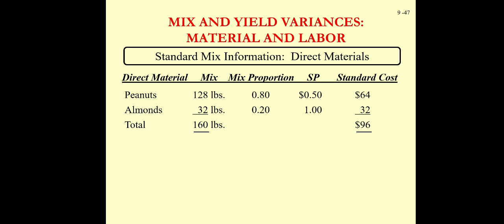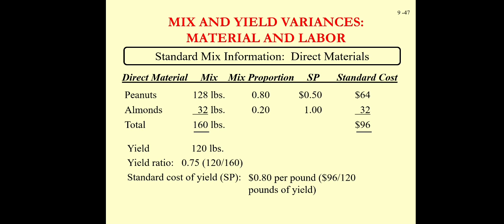So you can see there, for peanuts, the standard cost is $64 for one product. And then almonds is $32 per product. I think this data is direct material cost and quantity for 1 unit of product.